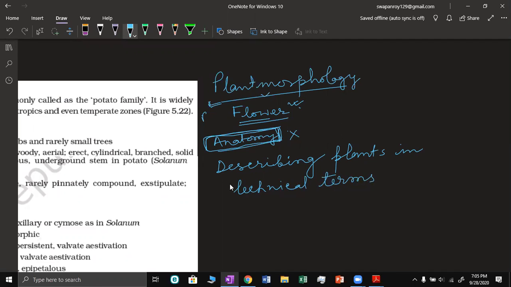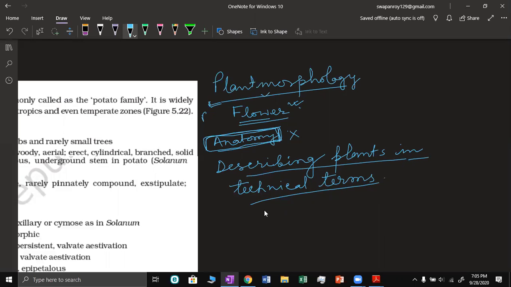In technical terms means that a flower or plant, or a particular group of plants, will be described only by mentioning their characters. And what is the meaning of those characters, those things we need not write. Only the terms we will write.